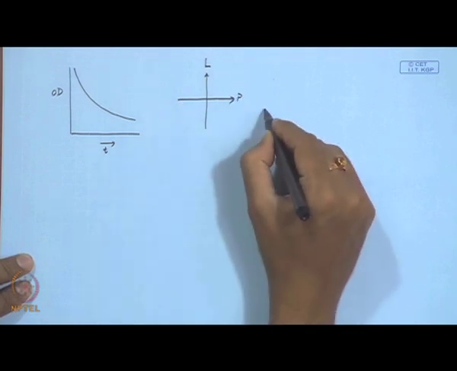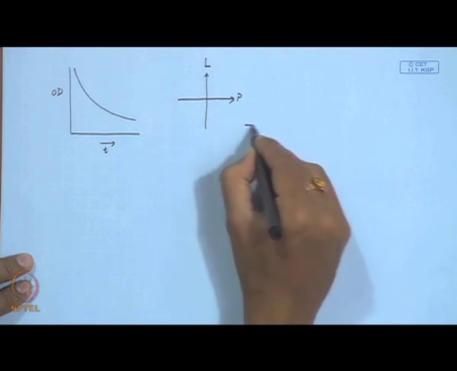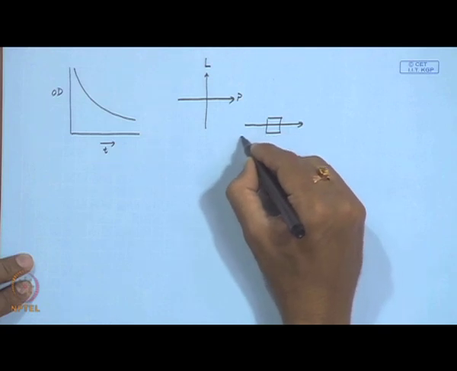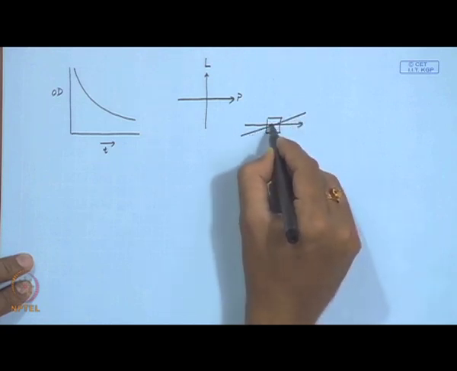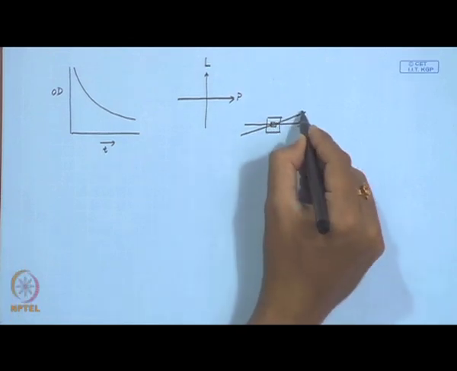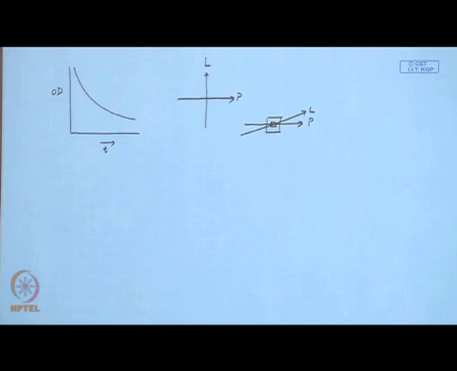But other geometries are possible. Maybe this is your probe beam, this is your sample, and this is your laser light, so that the interaction area is a little more, so that you can get a better signal. So, depending on your need, whether the sample is absorbing or not, you can choose the geometry of interaction.